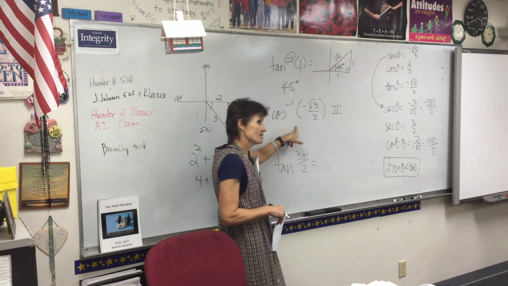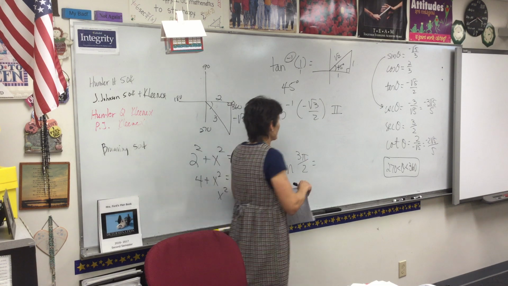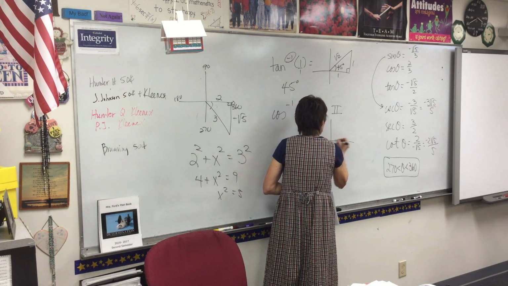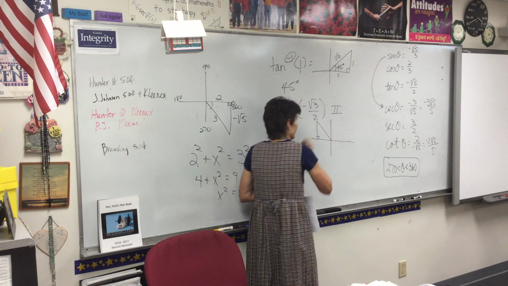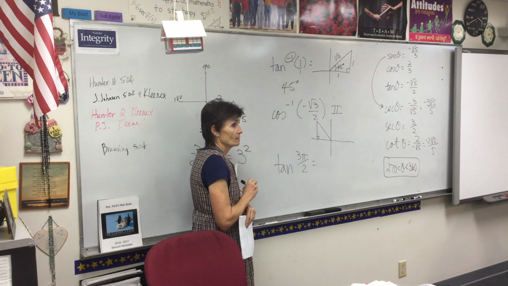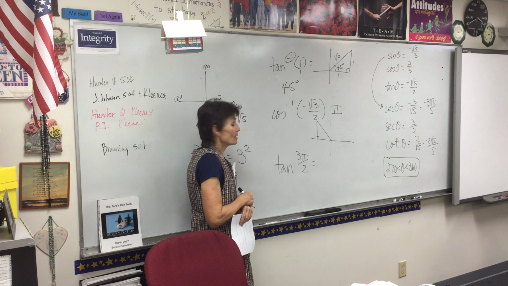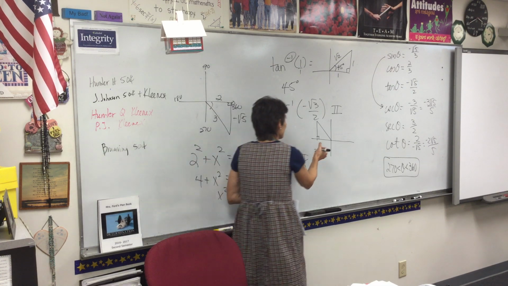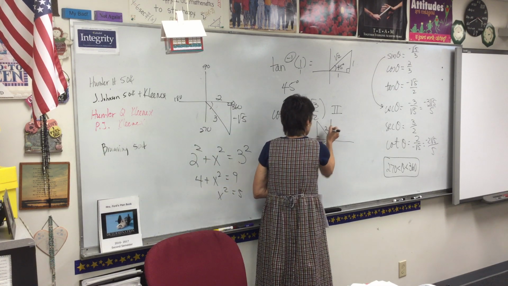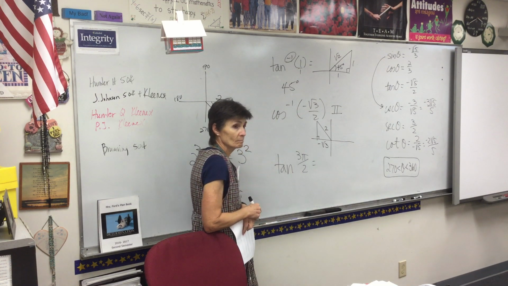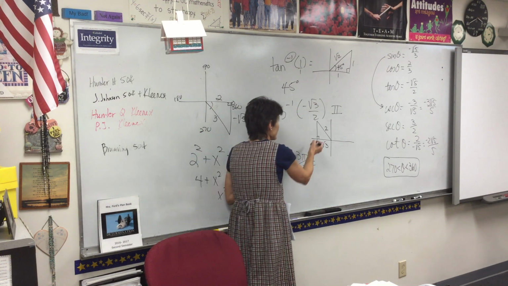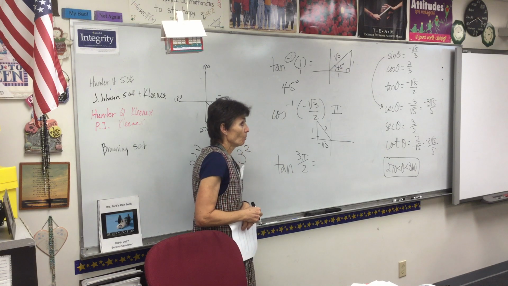Now this is exactly the same thing, only this one is drawn in quadrant 2. This time, the cosine is negative root 3 over 2, which means this side has to be 1.